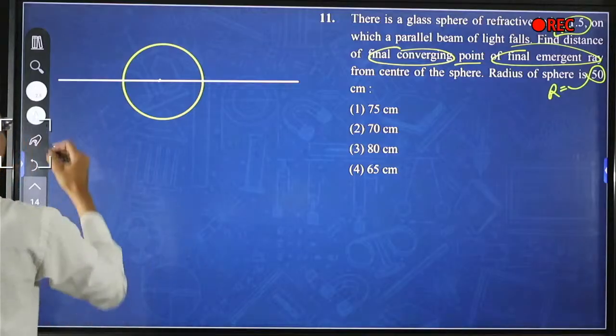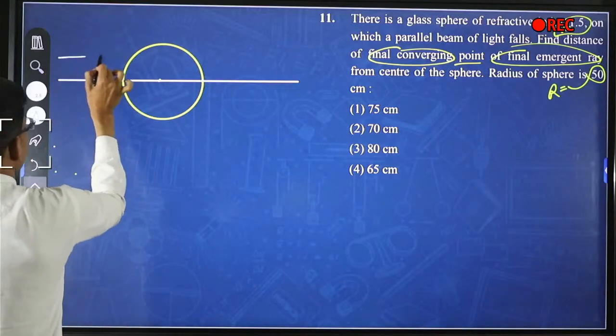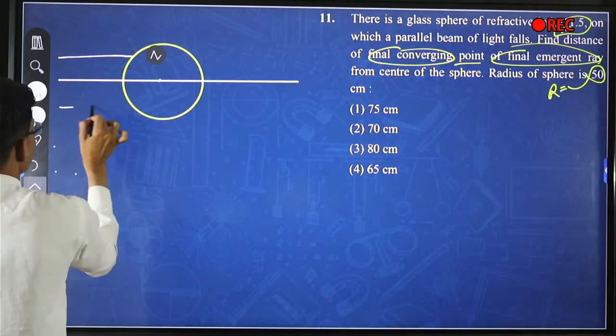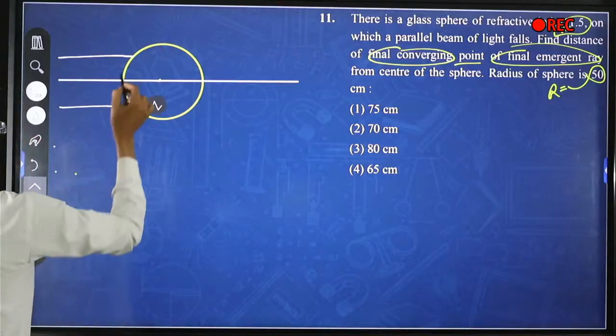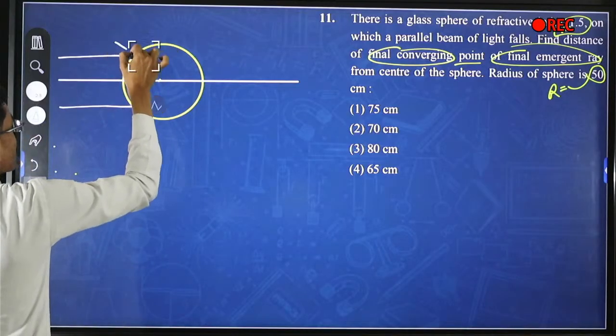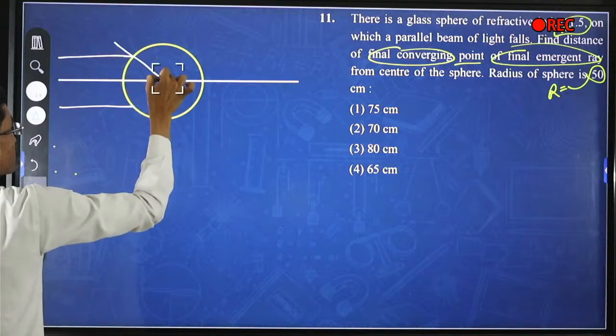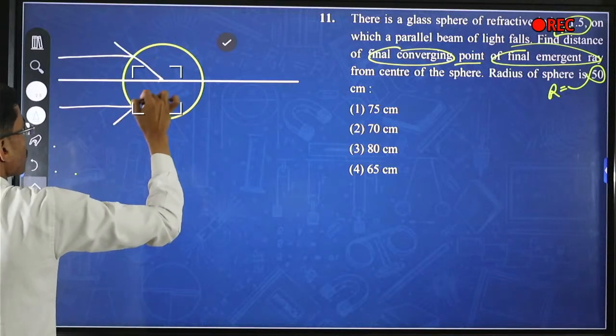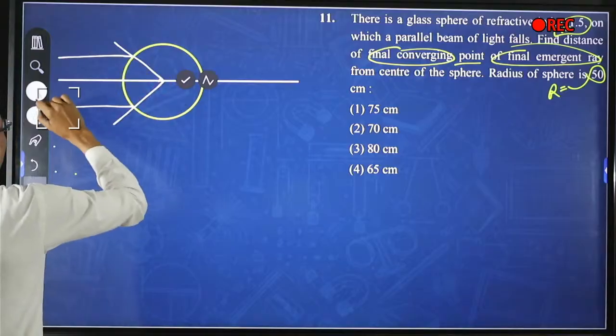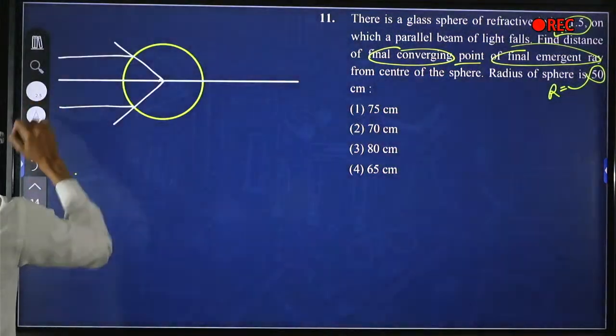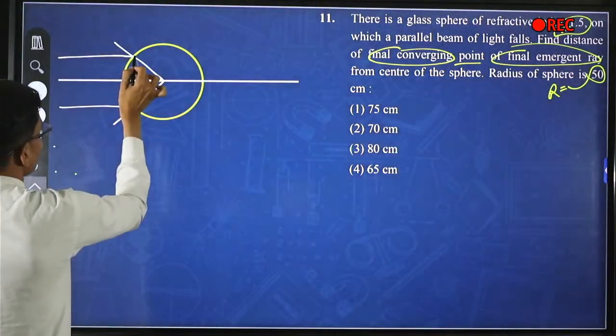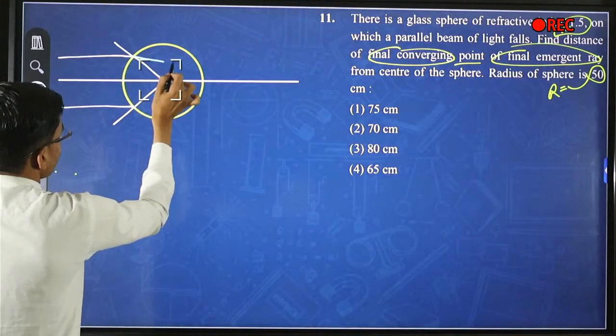Now parallel rays come like this. Okay. So from this surface, they will bend toward the normal. Then they will go like this.